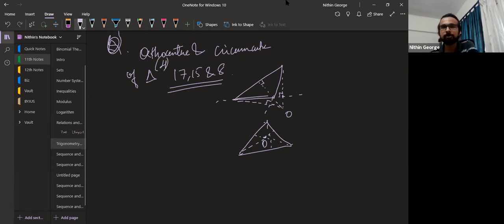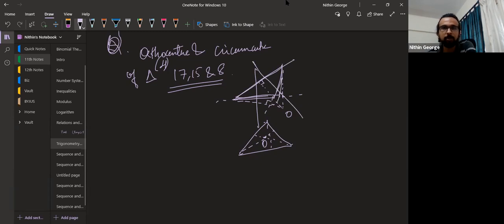Remember this. Now circumcenter. What is circumcenter? It's the meeting point of the perpendicular bisectors of each side. You have this side here, you draw a perpendicular bisector. You have this here, you draw a perpendicular bisector.